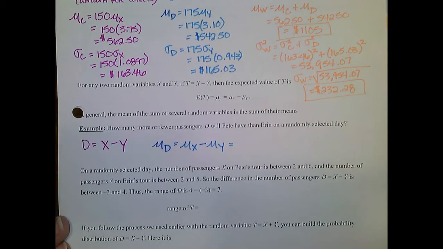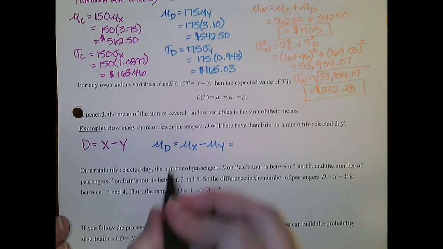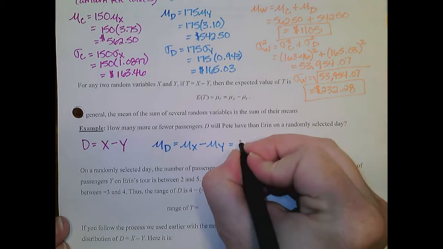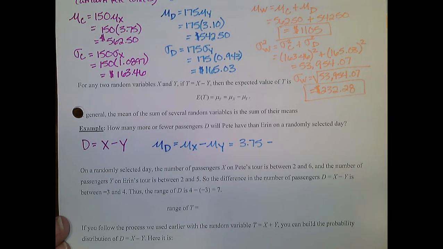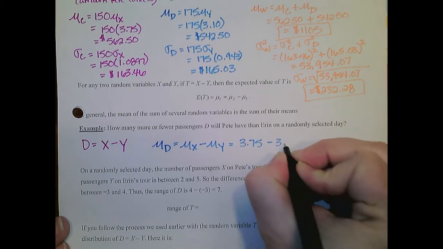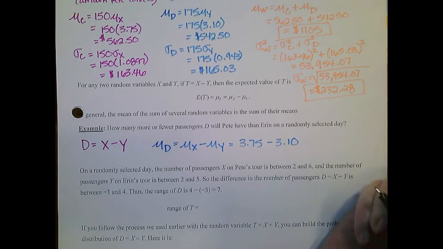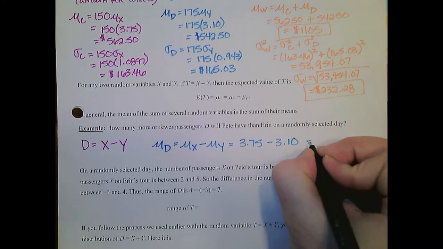The average number of passengers that Pete has, 3.75, minus the average number of passengers that Aaron has, 3.10, gives us 0.65.